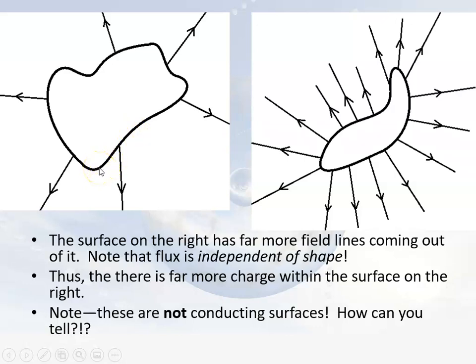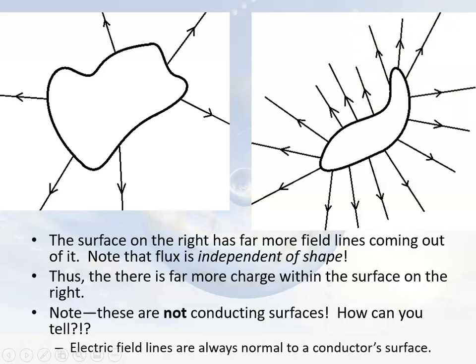But if it's an insulator, the charges aren't necessarily allowed to move around, and you can end up having these off-normal electric field lines, like what we have right here, coming off over here, and what we have over in this area coming off at this angle and this angle. So these are definitely not conducting surfaces, because the electric field lines at a conductor's surface are always normal to the surface.